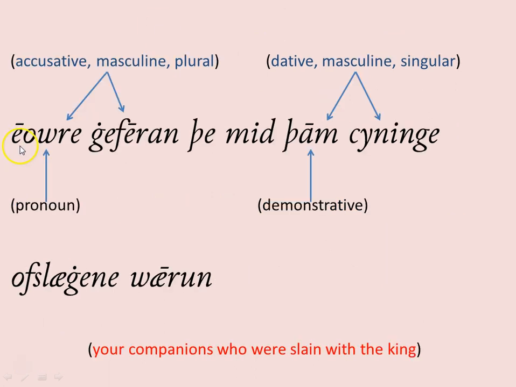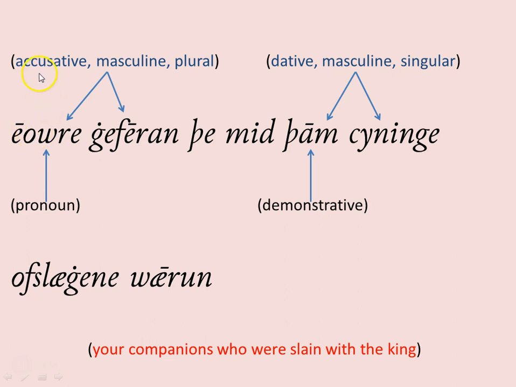Alright, let's have a look over here. "Eowre geferan þe mid þæm cyninge ofslagene wæron." Okay, your companions who were slain with the king. Your companions who with the king slain were. Now here, geferan, companions, is the noun, and eowre is the pronoun.